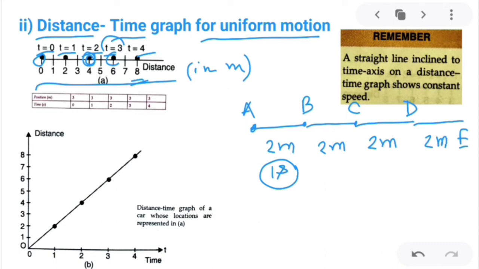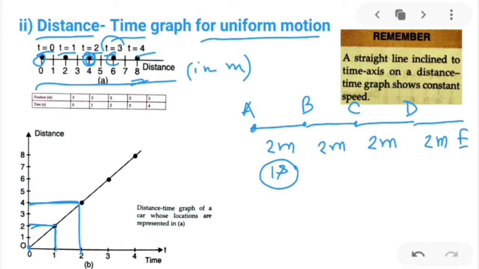Understood? So if you look at the diagram, at 0 seconds the object is at the 0 position. After 1 second, it is 2 meters from the starting point. After 2 seconds, it is 4 meters.